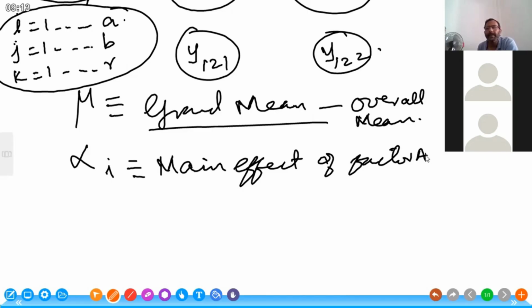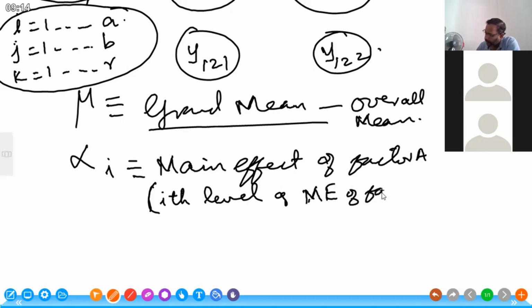Right? So that is reflecting the main effect of factor A. So if you say, for example, alpha 1, we could say, if you want to say in a better form, ith level of main effect of factor, if you want to tell more precisely.